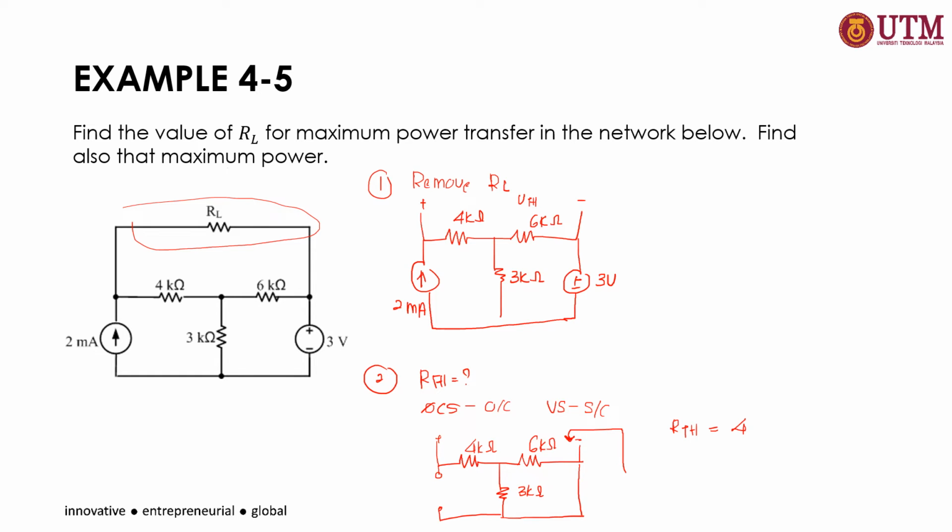So the RTH is equal to 4K plus 6K parallel with 3K. So here you will get the RTH is equal to 6 kilo ohm. And then for the third step, we want to find the VTH.